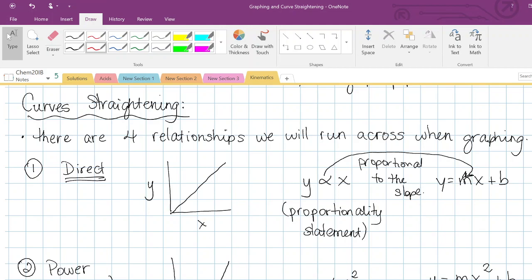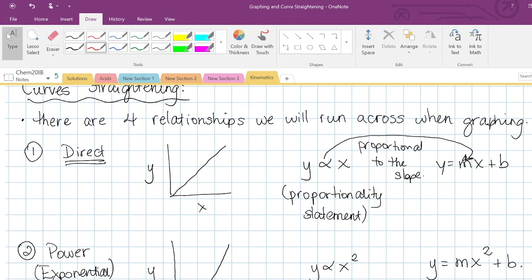So there's 4 relationships that you guys have to know in physics, and that you will work with more than you could possibly imagine. The first relationship you guys have already seen, that's our direct or our linear relationship.